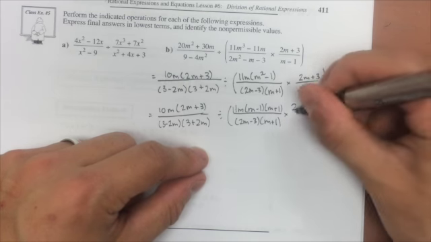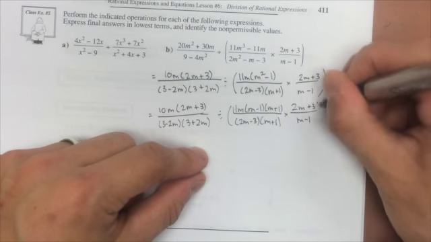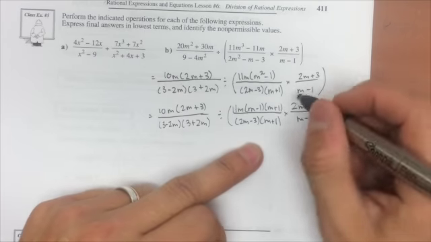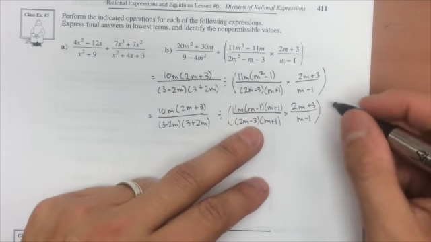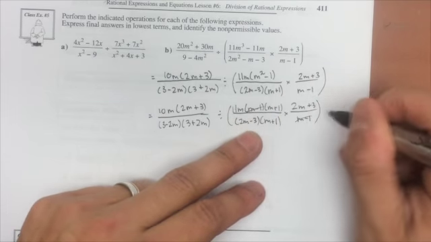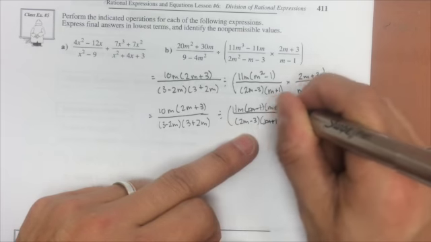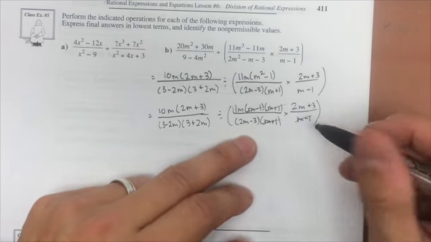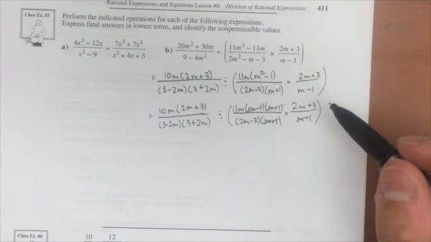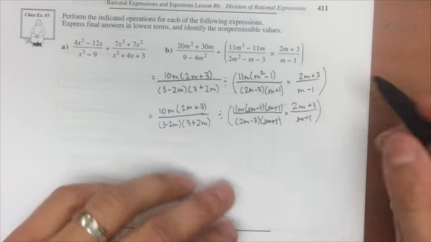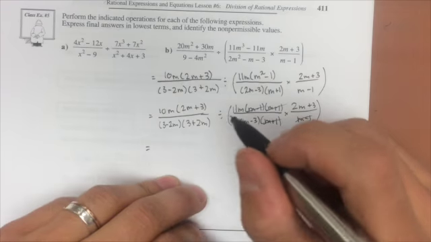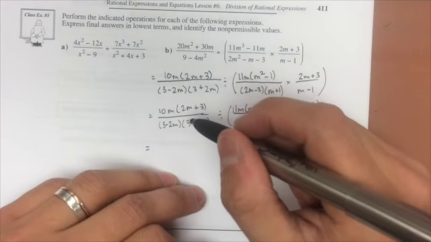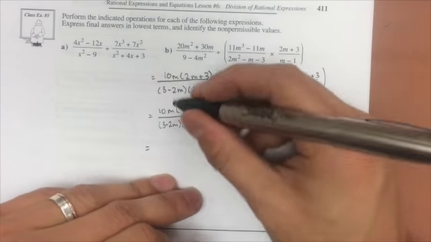So let's deal with these terms that we can actually cancel out. I have m minus 1 and m minus 1, and m plus 1 and m plus 1, and those terms are going to cancel out right away. Now I can deal with what I have here.